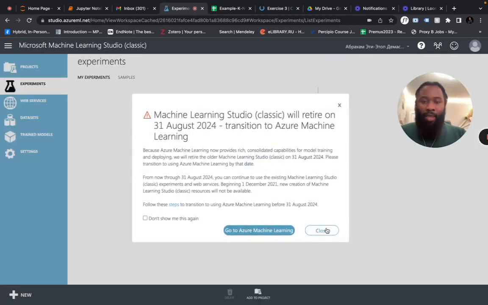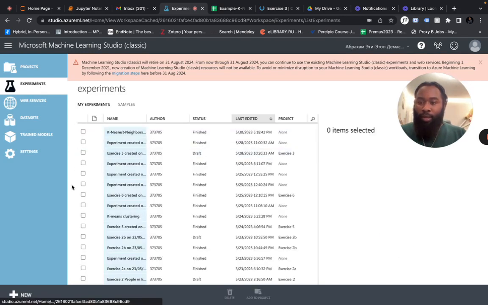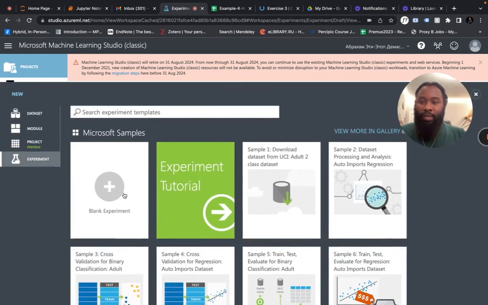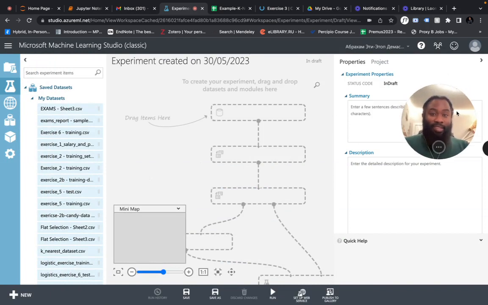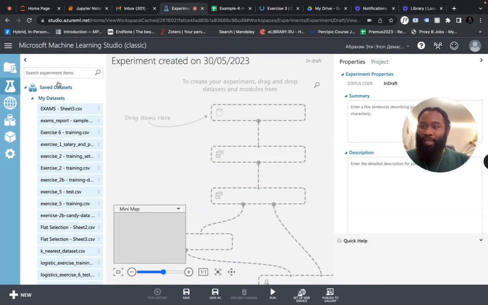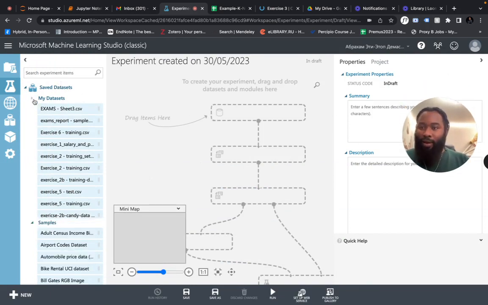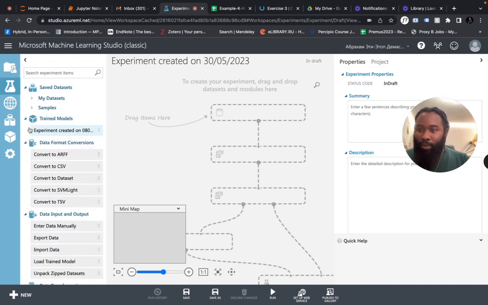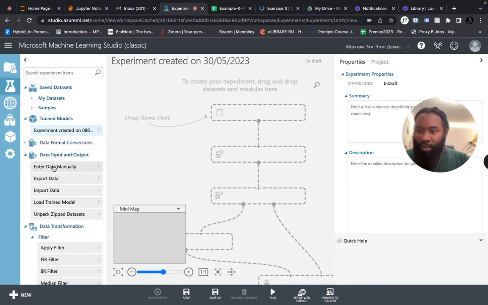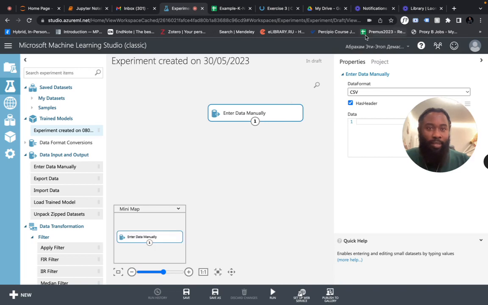And here we go. All right. So we're going to be creating a new experiment. Right. It's easy here as well in the studio. So let's do a manual data entry. So we enter the data manually.